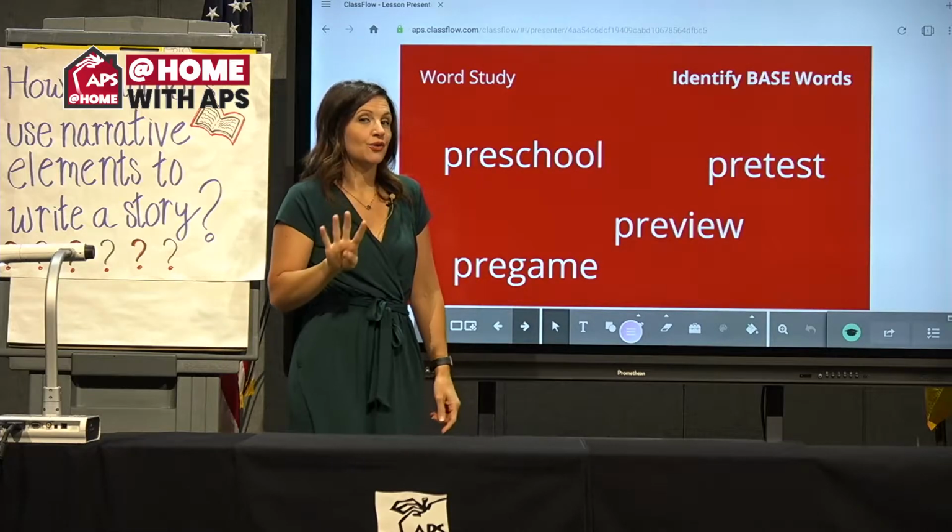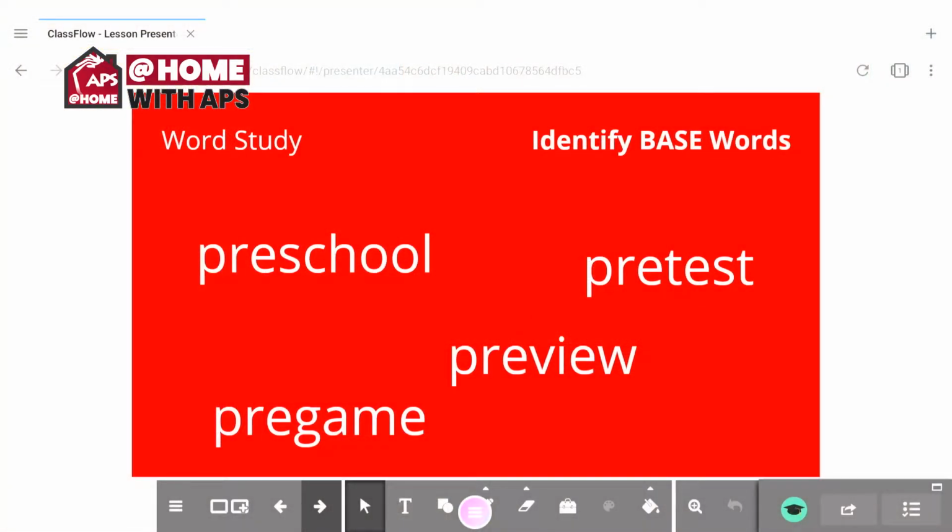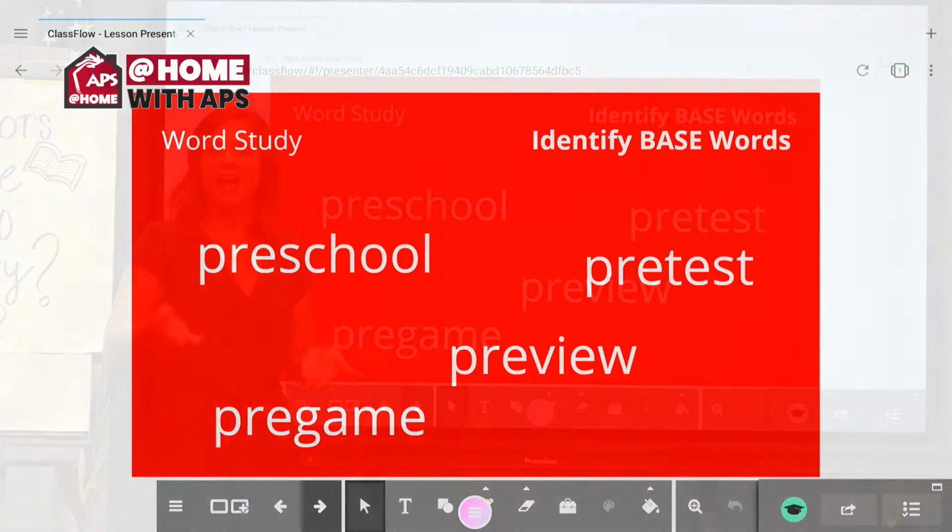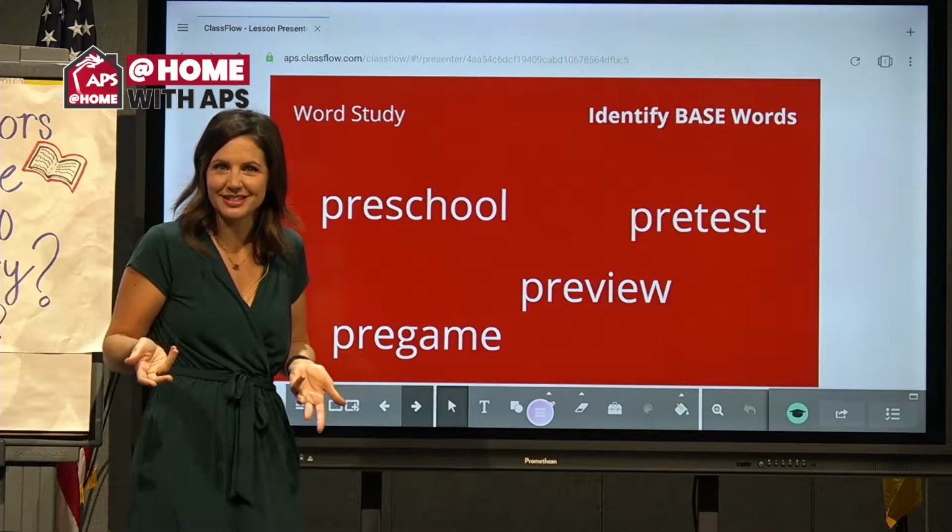Take a look at these 4 words: preschool, pre-test, preview, pre-game. In word study, we look for patterns. What patterns do you notice?